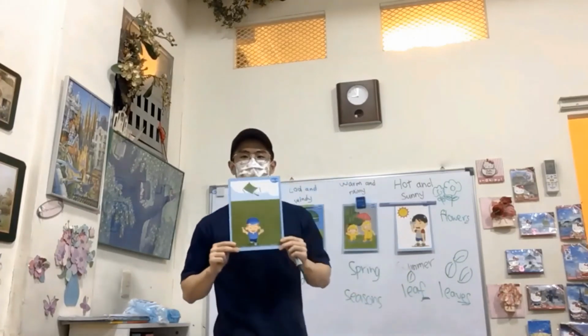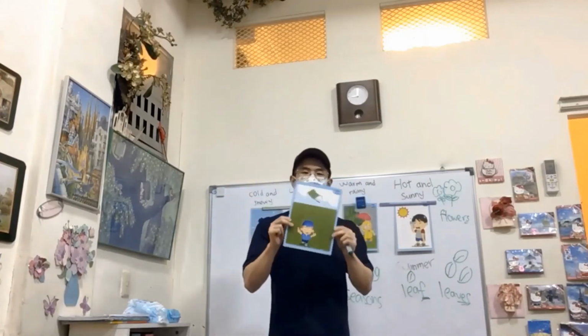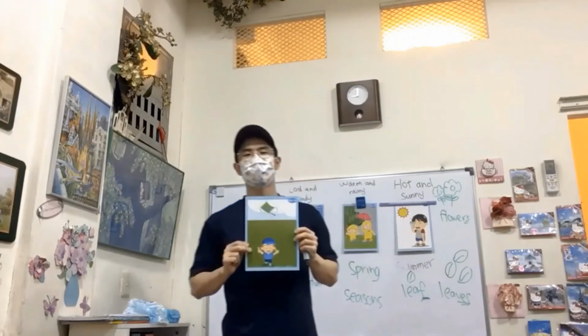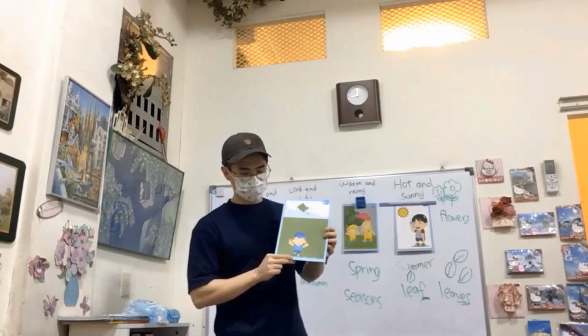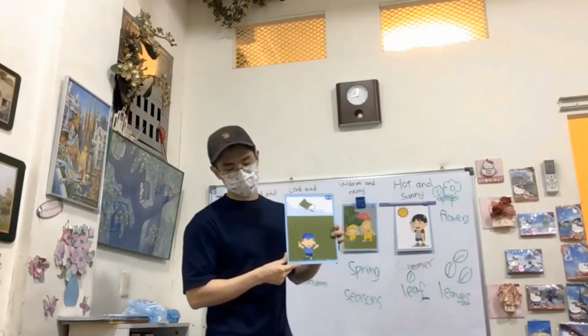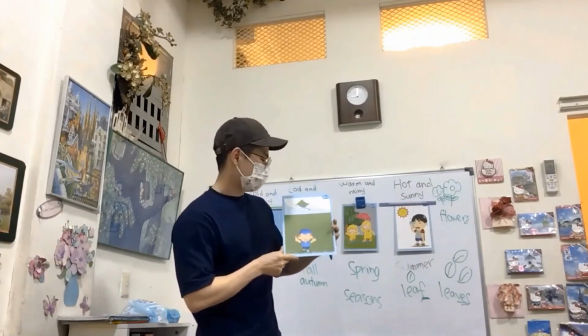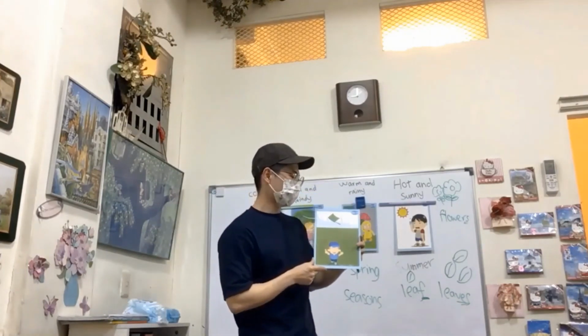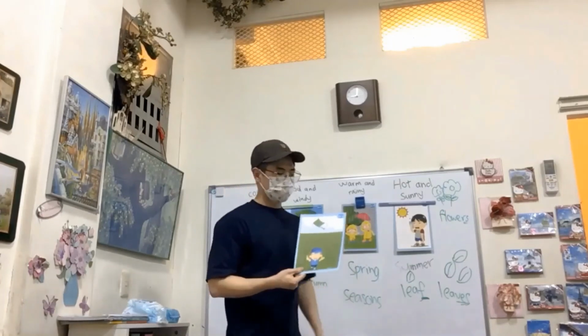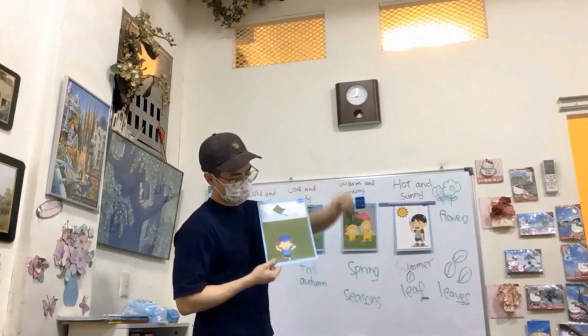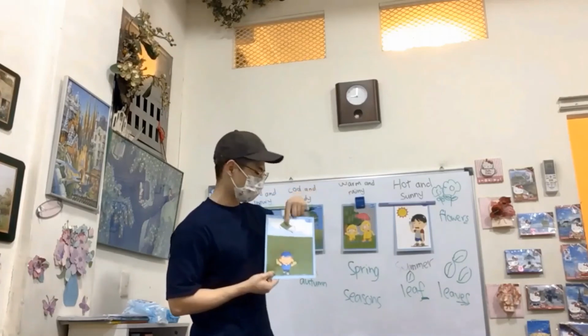This one. Can you tell me what is this? We have learned it before. Okay? So, this picture, this is fly a kite. Okay? Fly a kite. Okay, you can repeat after me.